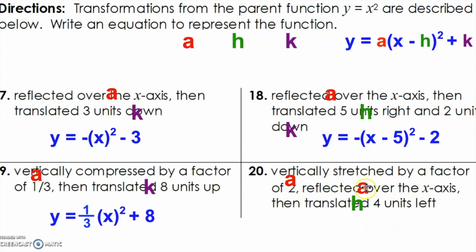The negative comes from the reflection, and the 2 comes from the stretch. My h value is going to be a negative 4 because left is a negative movement. So I have negative 2 from the changes in a. 4 units to the left is x minus a negative 4, which makes it a positive in the equation.